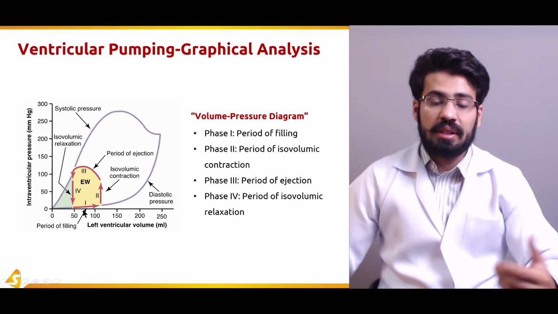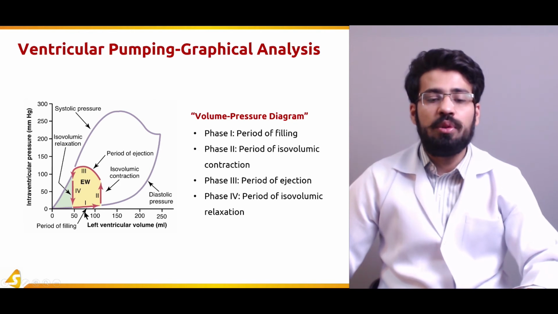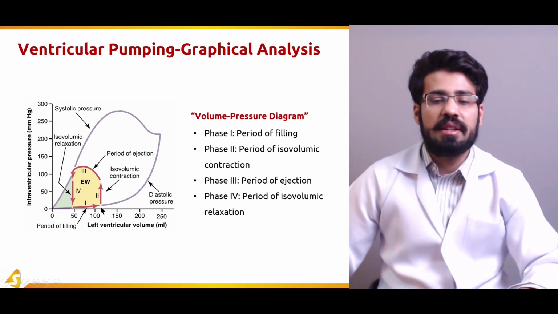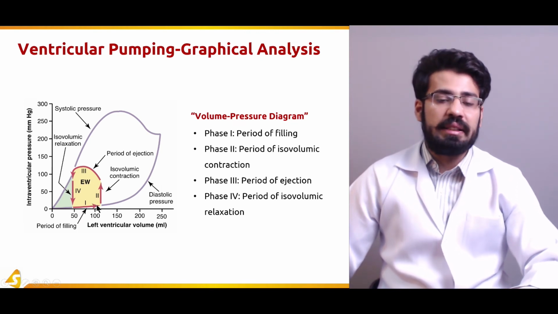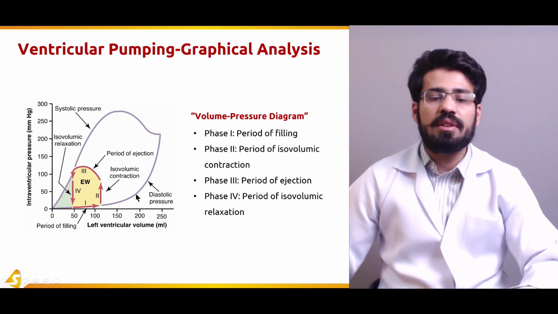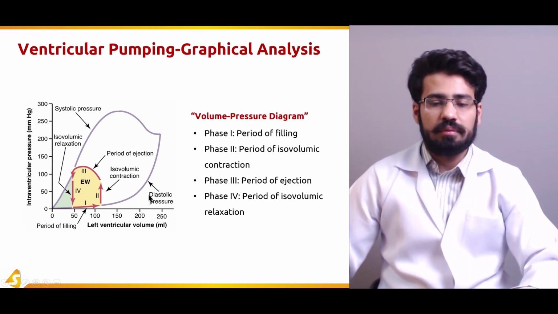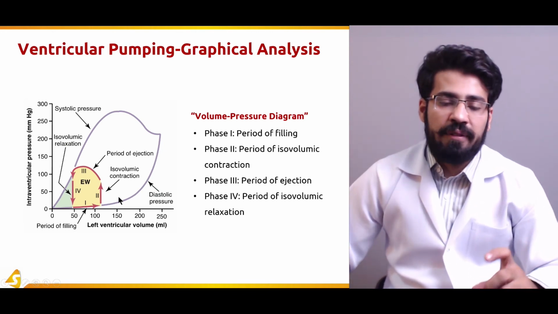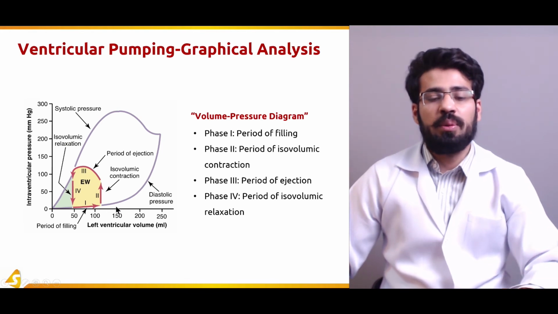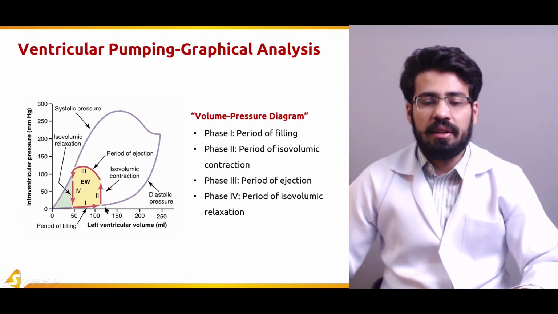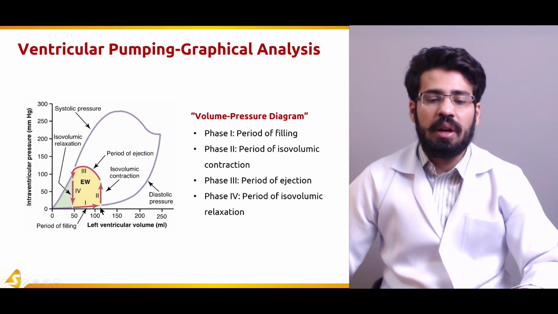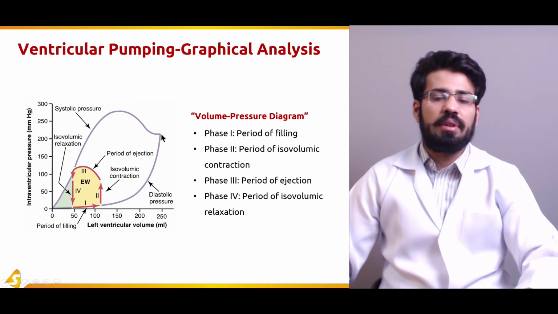The blood starts filling from 45 ml and moves towards 115 ml during this phase, known as the period of filling. The second phase, known as the period of isovolumic contraction, is the phase during which the diastolic pressure will cause the increase in the volume from 115 to a bit less than 250.